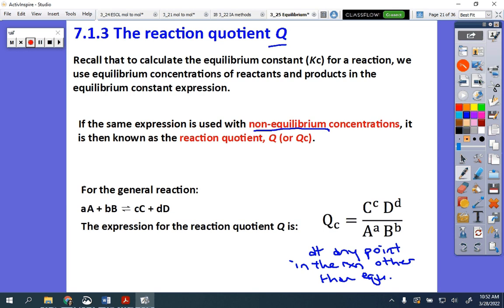No, a specific point. Yep. So you'll be given that information. It'll say something like Kc is X, and here are the concentrations at this point of the reaction. Where is the reaction going from here? Okay?